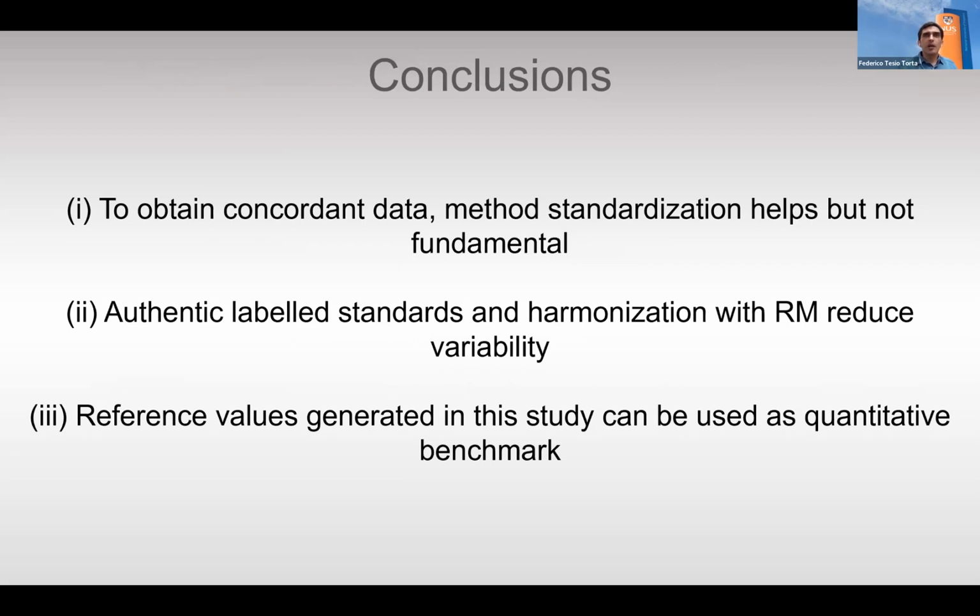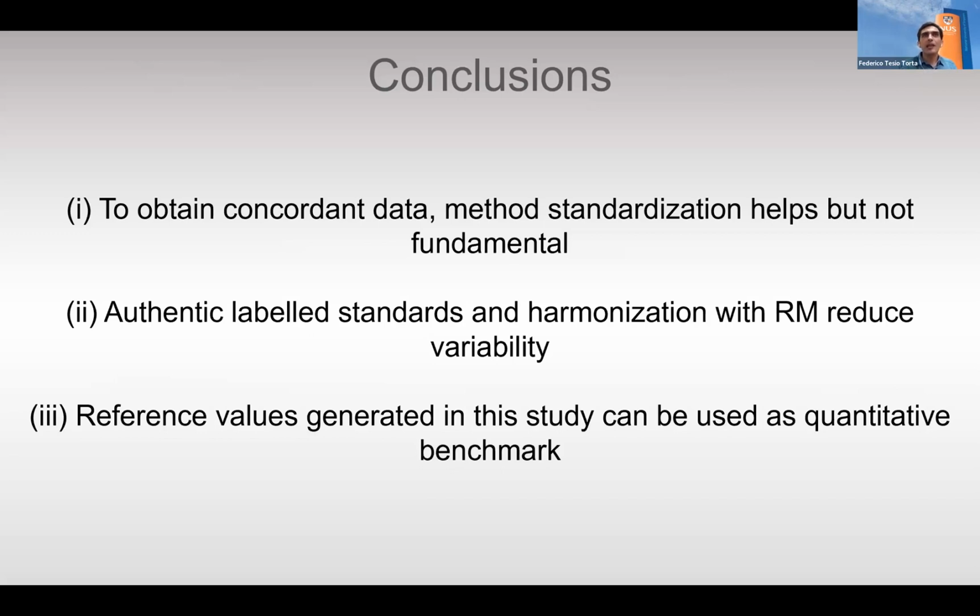Now, to conclude this part of the talk, we can say that to obtain concordant data, method standardization helps, by sending out SOPs, but it is not fundamental, because even labs using their own preferred method were completely aligned with the standardized one.